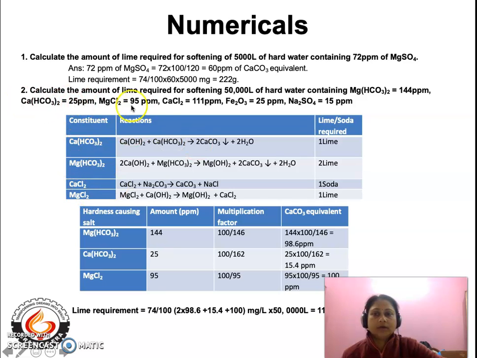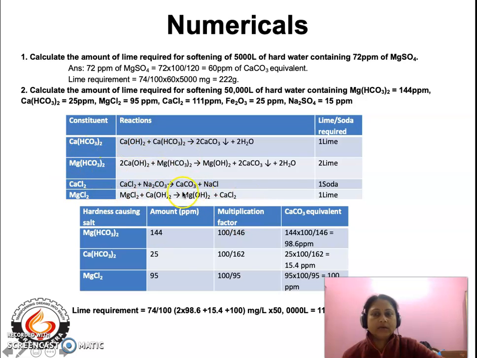Now the third constituent present is calcium chloride. For the complete elimination of calcium chloride we require 1 mole of soda, and the precipitate formed is calcium carbonate. In the case of magnesium chloride, we require 1 mole of lime and 1 mole of soda for the complete elimination of the magnesium ions, and the precipitates formed are magnesium hydroxide and calcium carbonate.